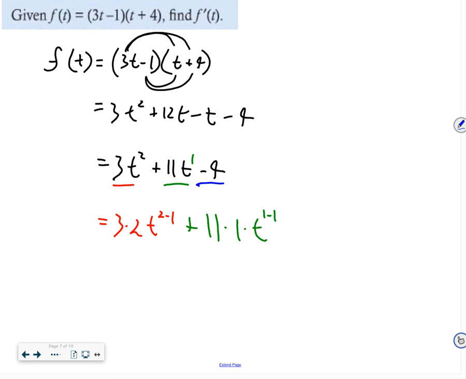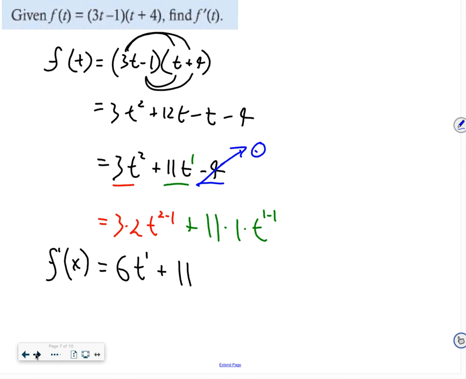It differentiates out. So then I have 6t to the first plus 11. 11 times 1, t to the 0 is 1, so then I'm just left with this. Note: make sure all your constants, when you differentiate them, end up going to 0.